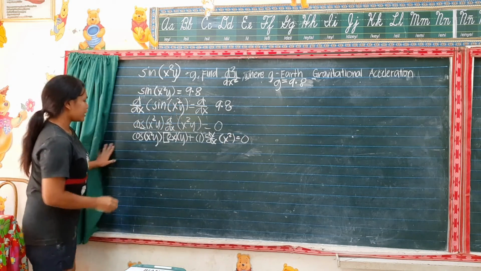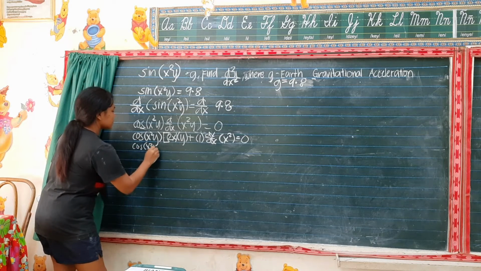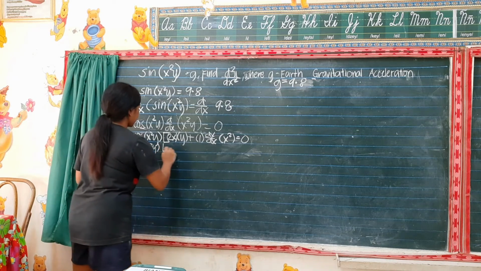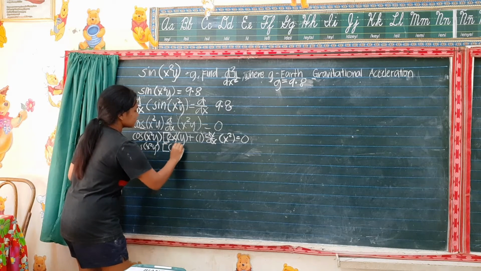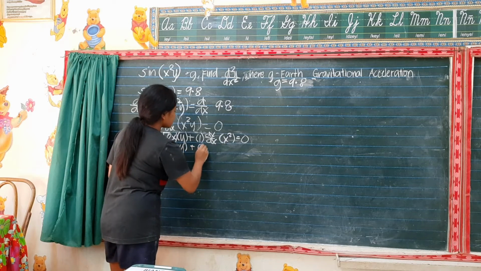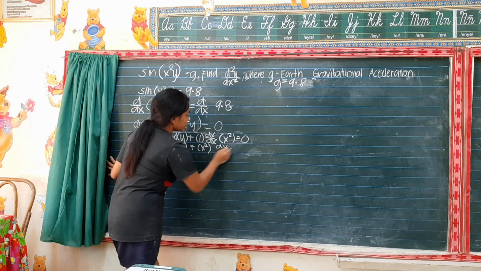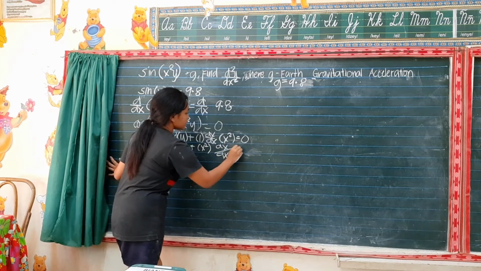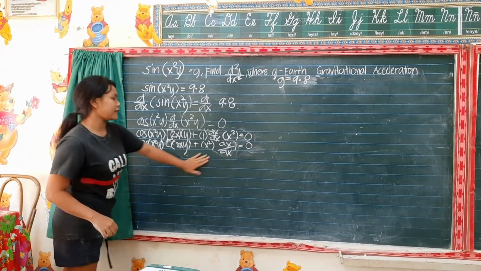Next is simplify. So cos of x squared y, bracket, 2x times y is equal to 2xy, plus 1 times x squared is equal to x squared, then copy dy over dx is equal to 0. Next is multiply this into the first and second term.